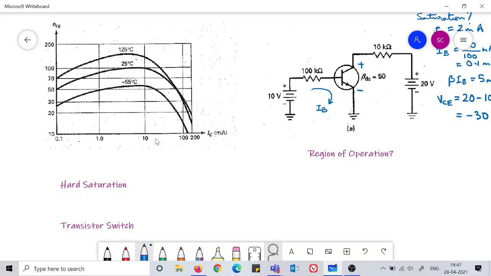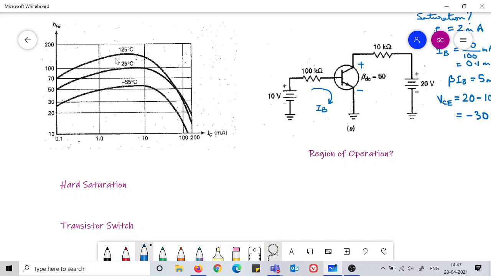So you can see that with different temperatures, as your IC is increasing, your beta is also changing. For smaller IC it is increasing, but as IC increases a lot, then the beta suddenly falls.